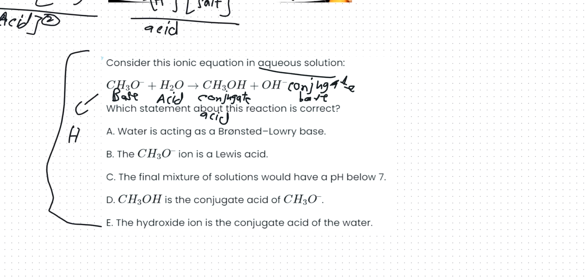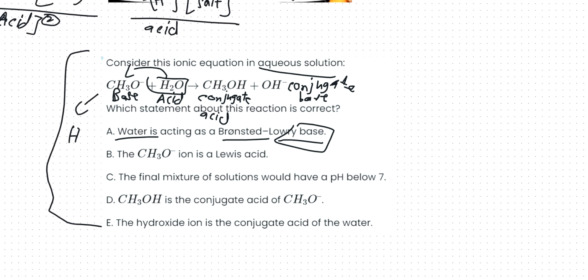Someone said A. Water is acting as a Bronsted-Lowry base. Water right here, you can see it lost one proton. It donated one proton to this right here. So water is acting as an acid in this case, not a base.